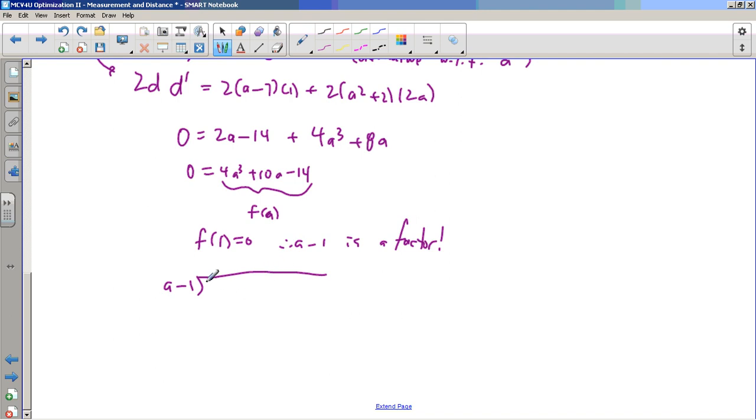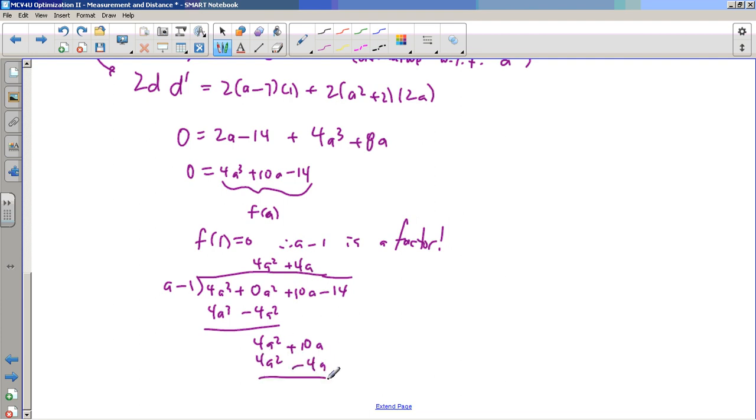And then I've got 4A cubed plus 0A squared, a placeholder there because there's no A squared term. Ooh, boy. This is hard math. It's not that bad. It's great review of your function stuff because you've forgotten it, haven't you? 4A squared minus 4A, subtract, I get 14A, and that's going to work out just like I knew it was going to work out.